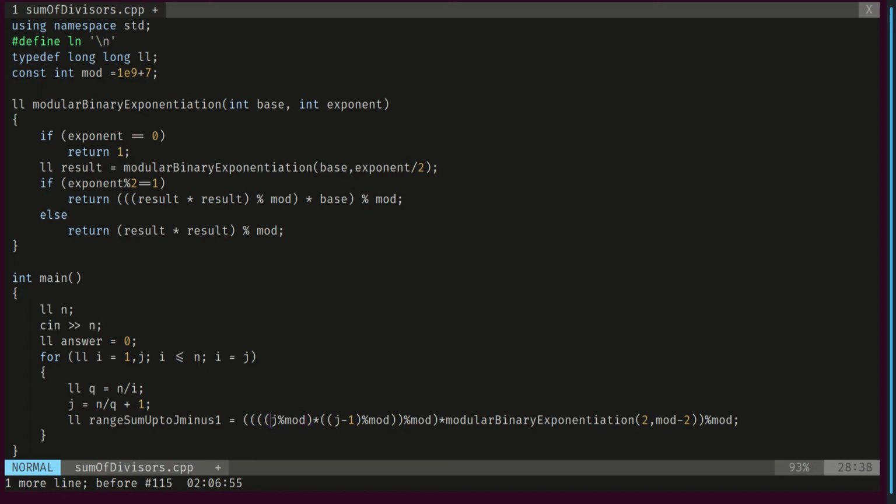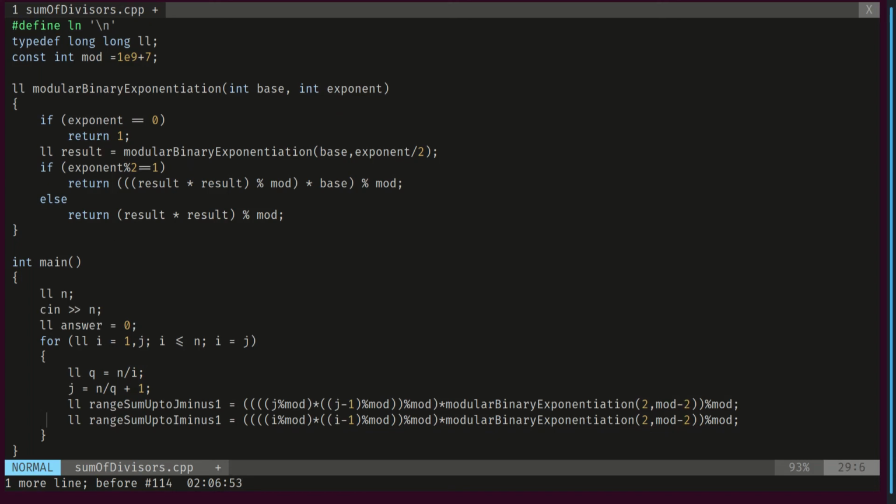So that's why I'm taking mod here and mod here. So the sum up to j minus 1 is gonna be equal to j minus 1 times j divided by 2. And since we said that we cannot divide by 2 with respect to a modulo, I'm gonna actually multiply by 2 raised to the mod minus 2.